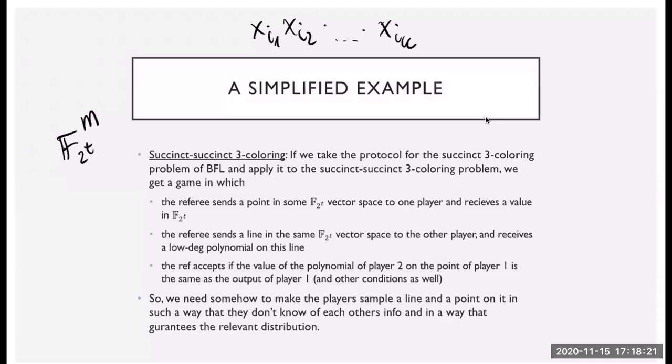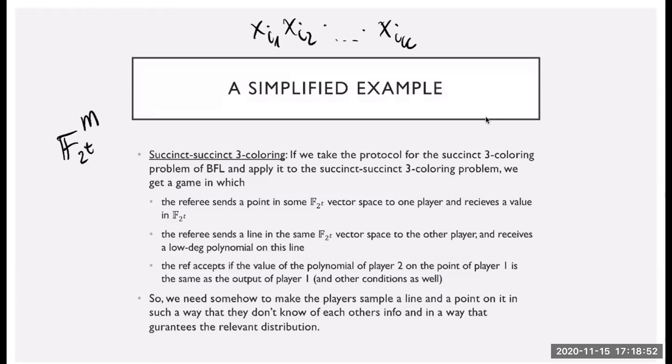The point player should answer with just a single output, a number in F2^t. And you accept if and only if the number that the point player gave you is actually the evaluation of the polynomial that the line player gave you on this specific point.